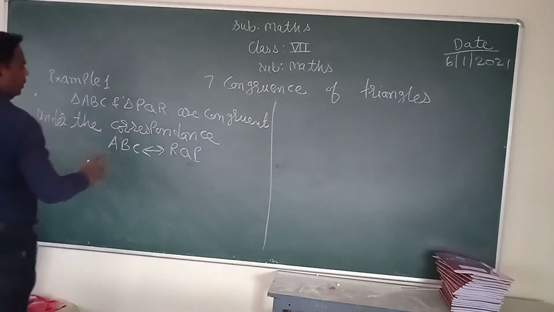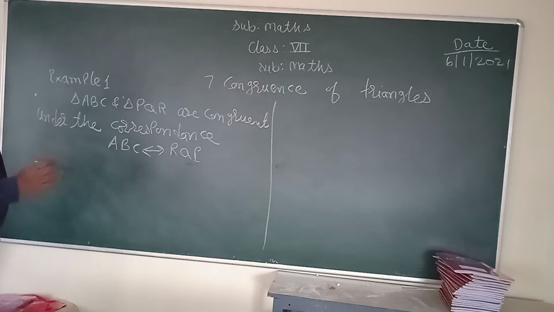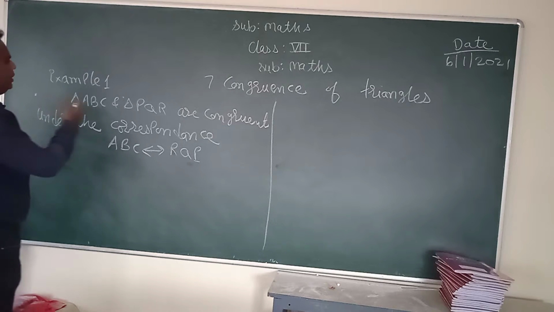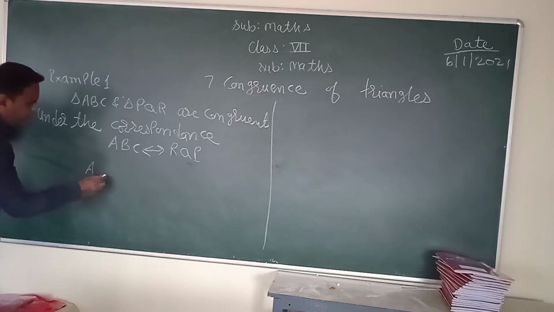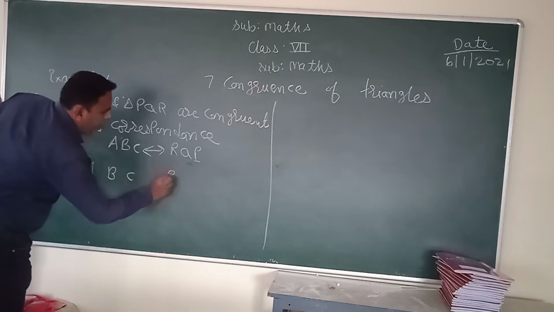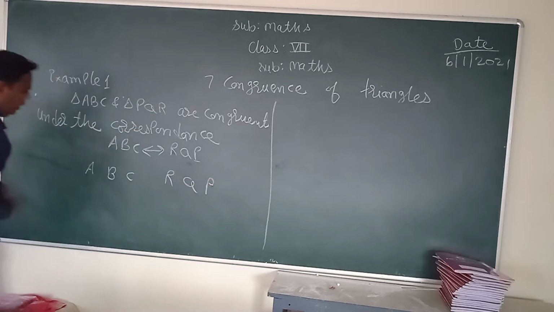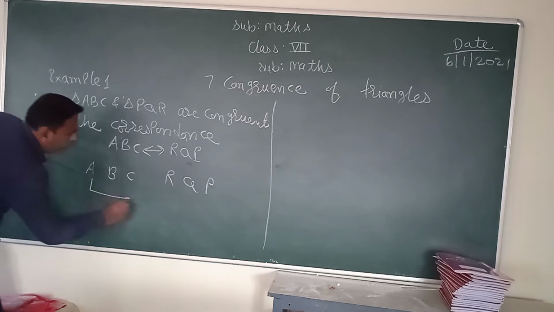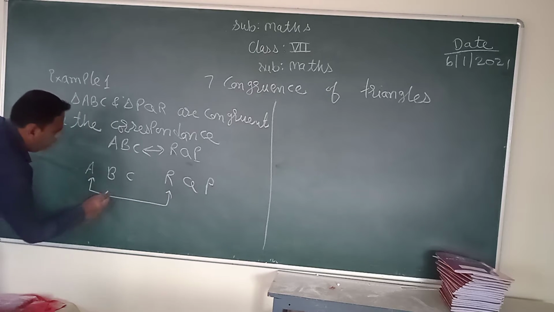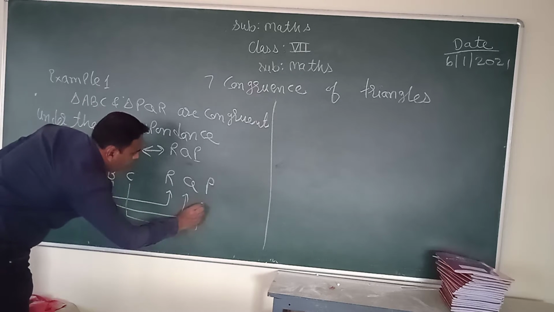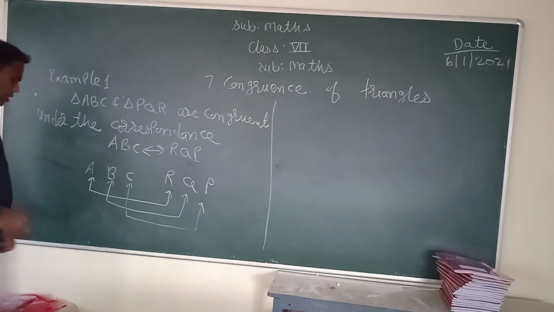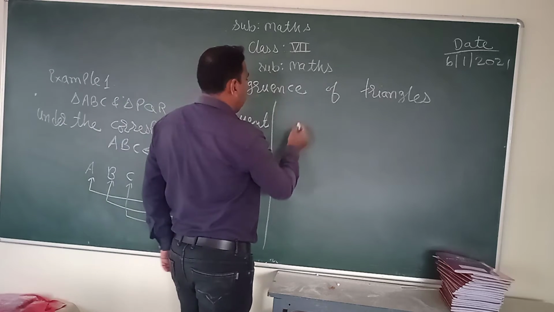Now write here, students, the corresponding sides and the corresponding angles. Already we have given here these triangles are congruent, and we write here the corresponding parts. These corresponding parts are corresponding sides and the corresponding angles. So here A, B, C, and this side R, Q, P. Here A corresponds to R, then B corresponds to Q, and C corresponds to P. Now we write here the corresponding sides.